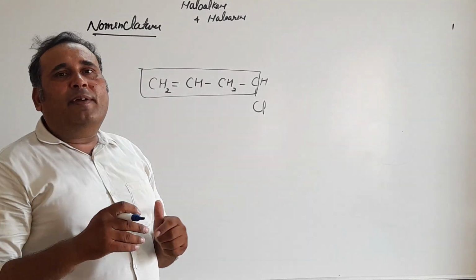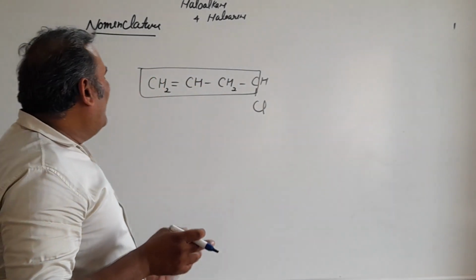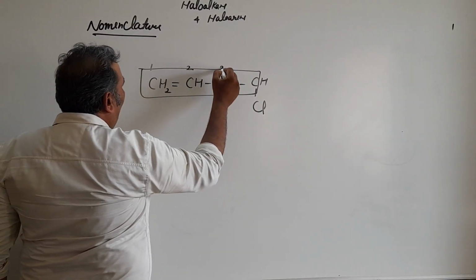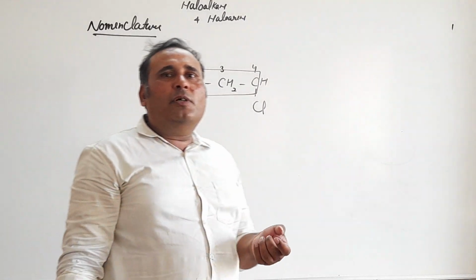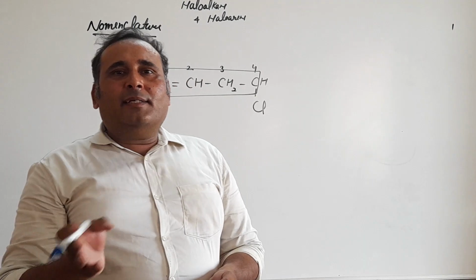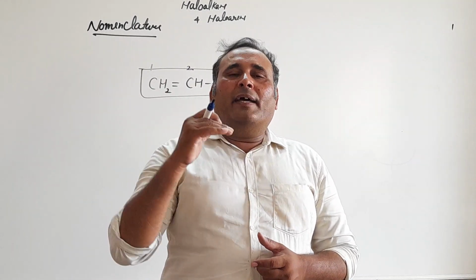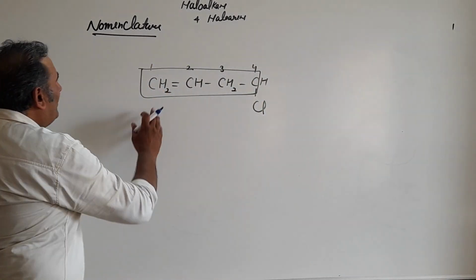That's why we give priority to the double bond. So we will do numbering like this: 1, 2, 3, 4. Why are we giving preference to the double bond over the halogen atom? Because the priority of halogen atom is very much less than the double bond.